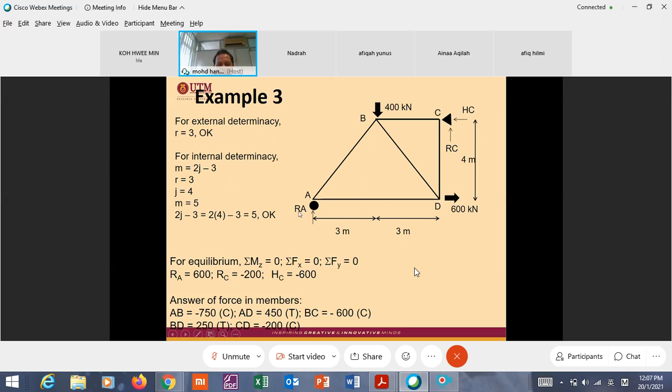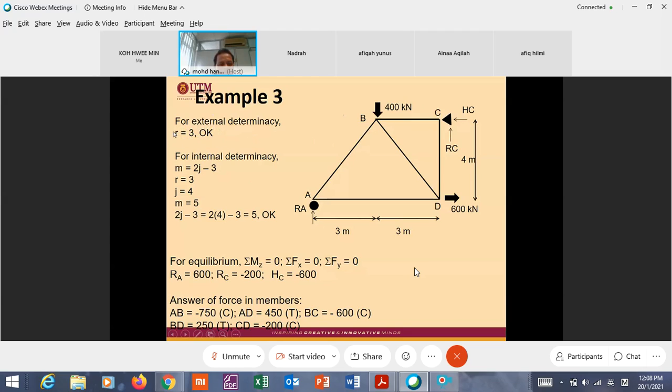First is to determine the determinacy of the truss externally and internally. Externally, you just check the number of reactions. Simple. If the reaction is equal to 3, then it is determinate and stable. If the reaction is less than 3, then it is not stable, but determinate.